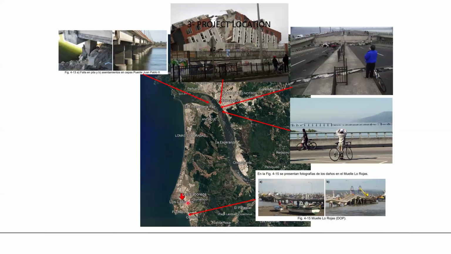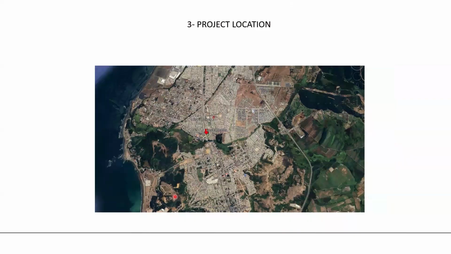This is the project. The name of the project is Laboreos. It's the overpass there. And this is the project site. If you see that, we are very near to the coast, and we have hills there, and in those hills we have a geological chain which has sand.